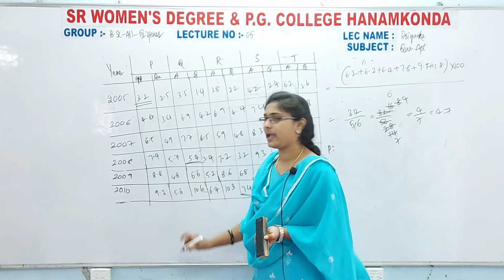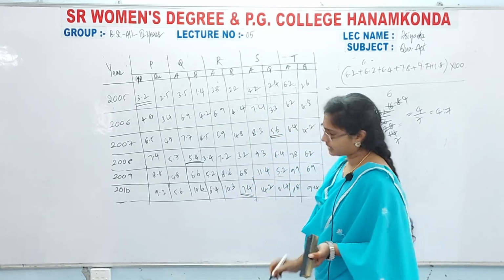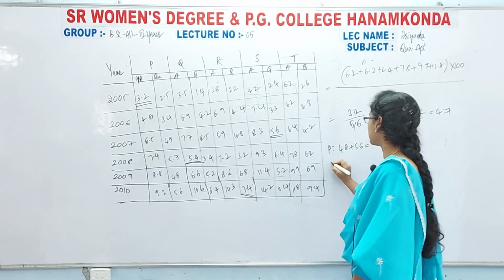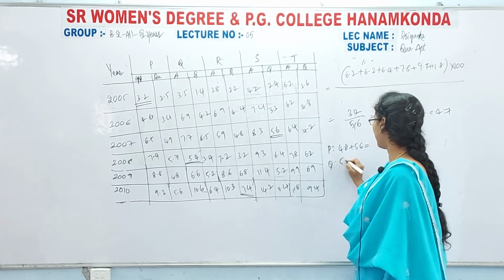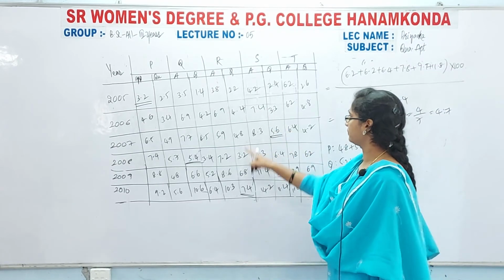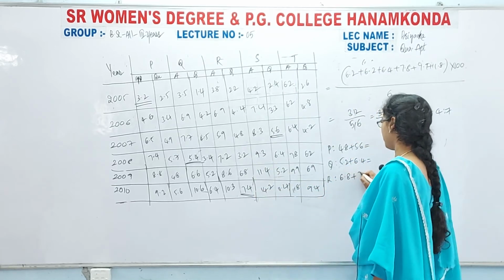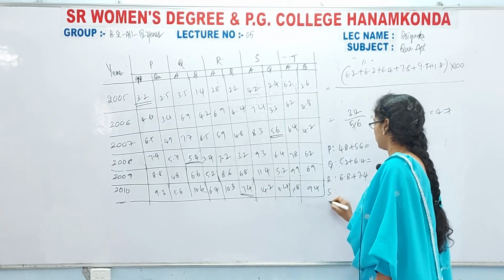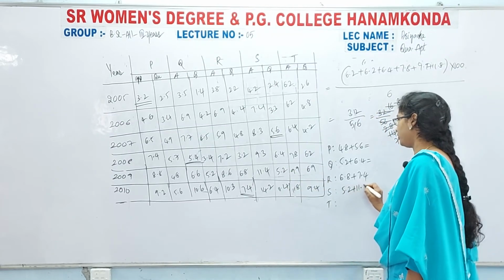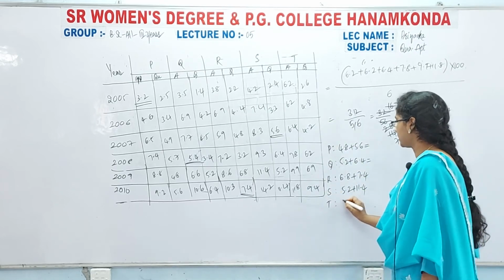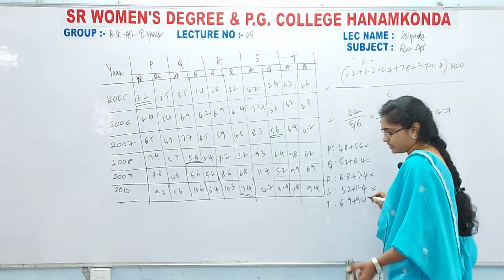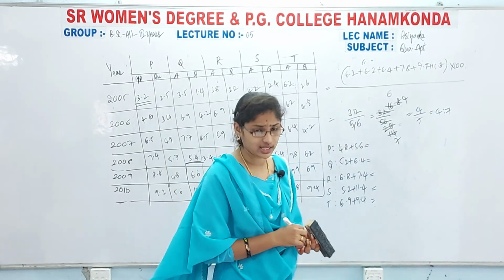So 4.8 plus 5.6, calculate it. Next Q, 5.2 plus 6.4. For R, 6.8 plus 7.4. For S, 5.2 plus 11.4. Next T, 6.9 plus 9.4. Just add all these values and finally check which value is the highest one, that's it.